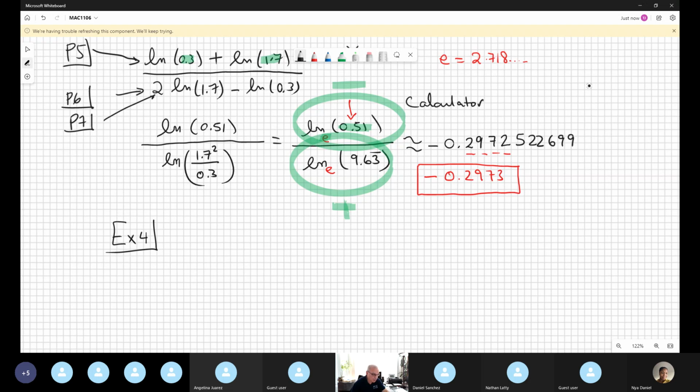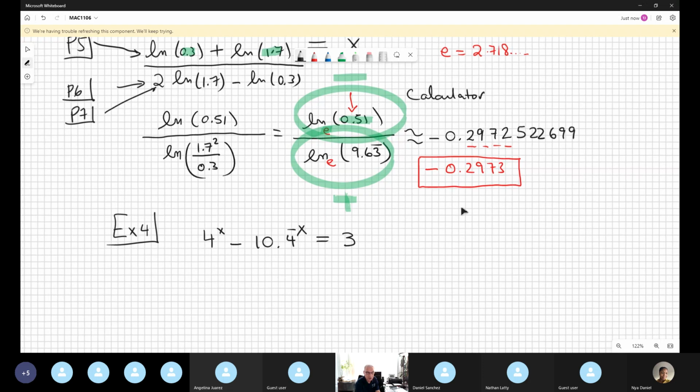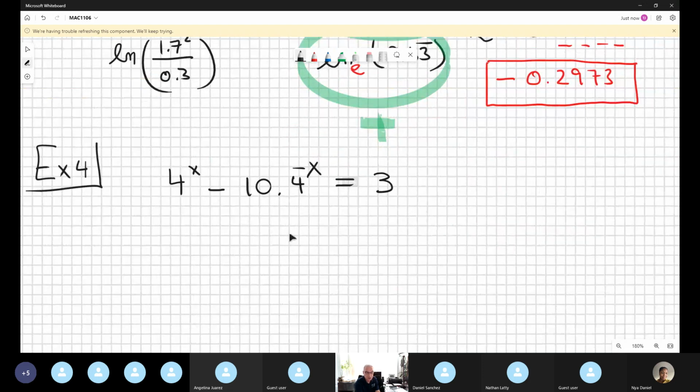Well, let me complicate a little bit more. Not too much, but a little bit. Suppose this equation, 4 to the x minus 10 plus 4 to the minus x. Of course, I never put this kind of equation in the test, I put the regular. Negative exponent, I don't like negative exponent.